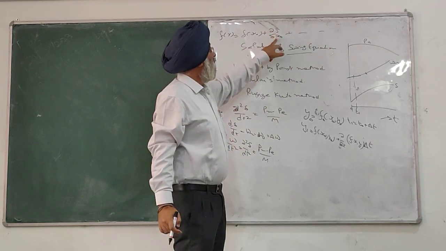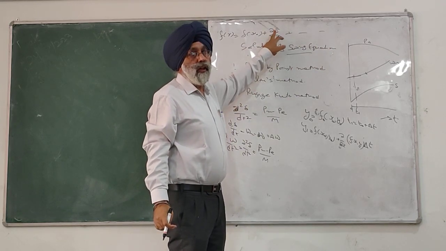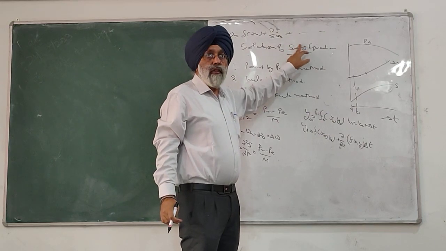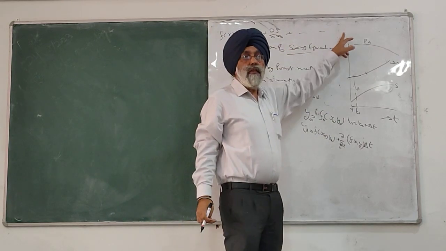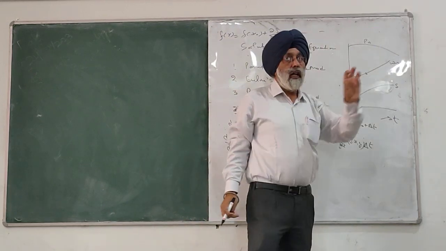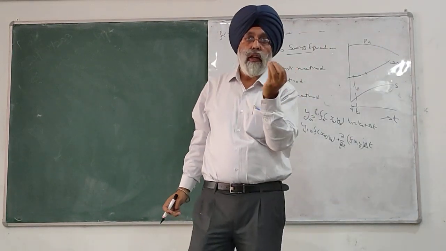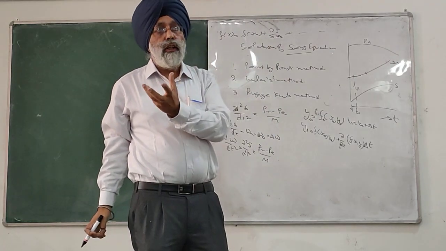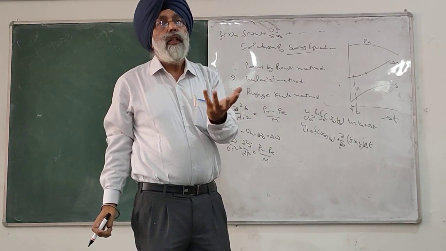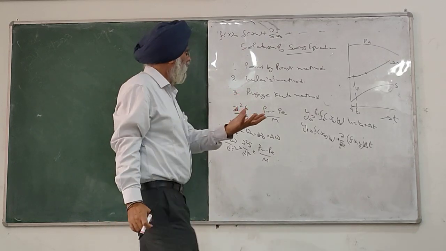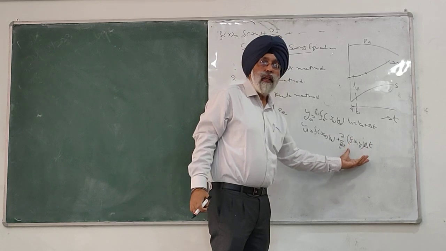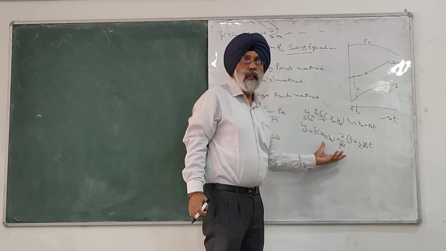So the first derivative is divided by first factorial, the second derivative divided by second factorial, the third derivative divided by third factorial, and the higher order terms are becoming smaller and smaller. So we have neglected those higher order terms in the Taylor series. Here also, in Euler's method, we are neglecting the higher order terms in order to find the corrections.